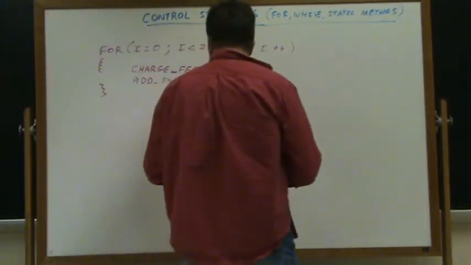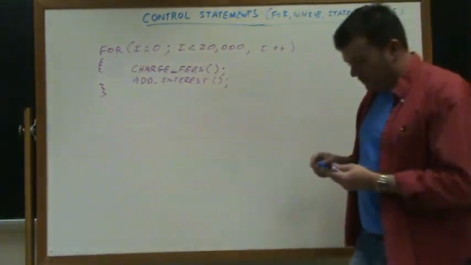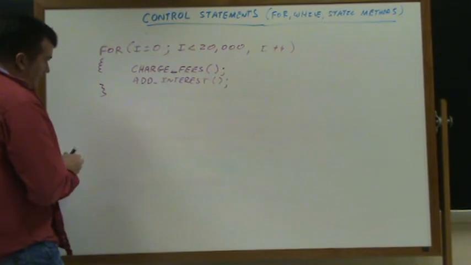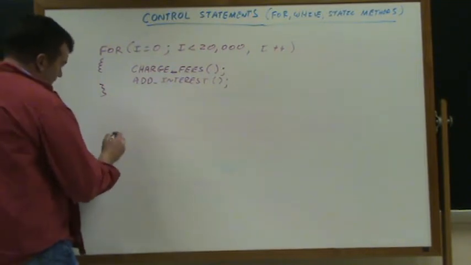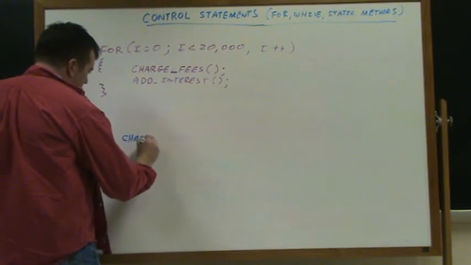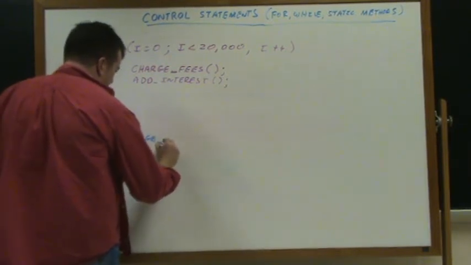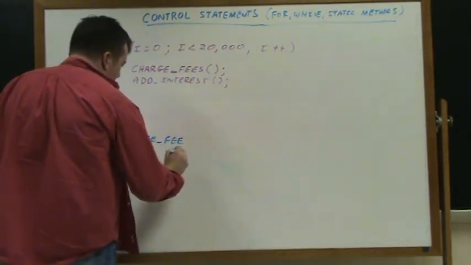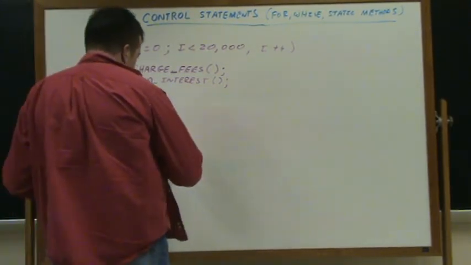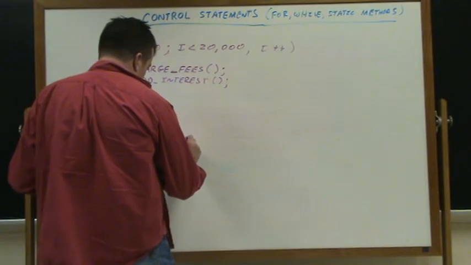And we could define a method by saying, this is not the perfect syntax, I'll clean this up in a second, but we could say something like this. Charge fees.